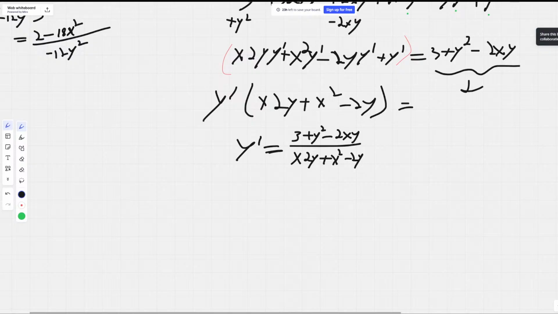Y prime equals the 3 plus y squared minus 2xy, all over x 2y plus x squared minus 2y.